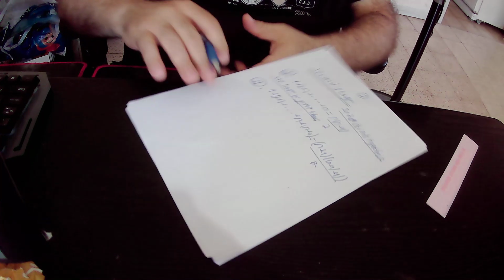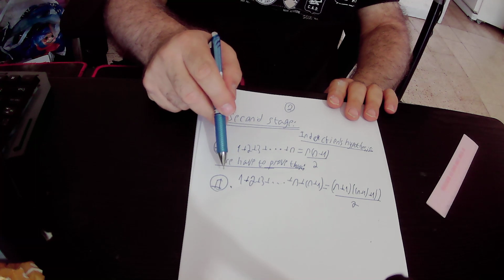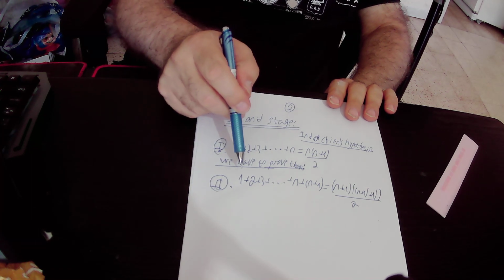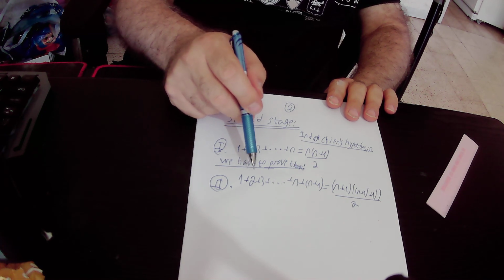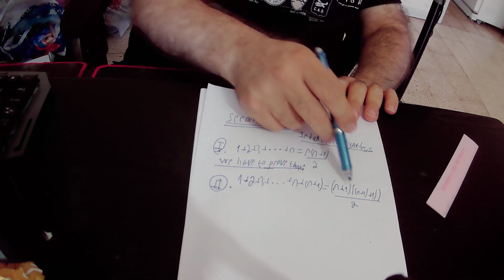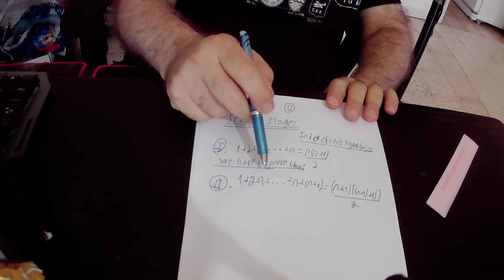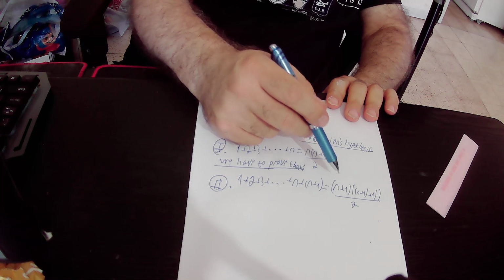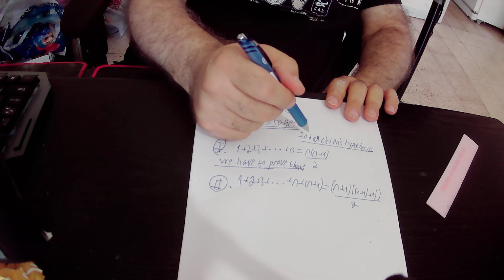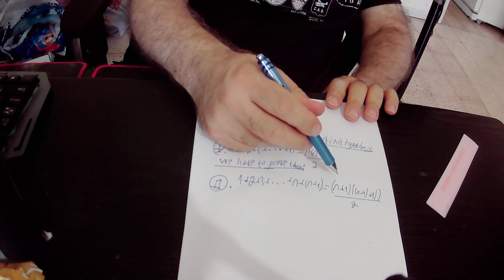Okay, so the second equation is for n plus 1, and we have to prove that this expression for n plus 1 is actually true. The expression for n plus 1 is 1 plus 2 plus 3 plus n plus 1 equals, and on the other side of the equation, wherever n is written in the original equation, we will write n plus 1, because we have to prove that the statement is true for n plus 1.